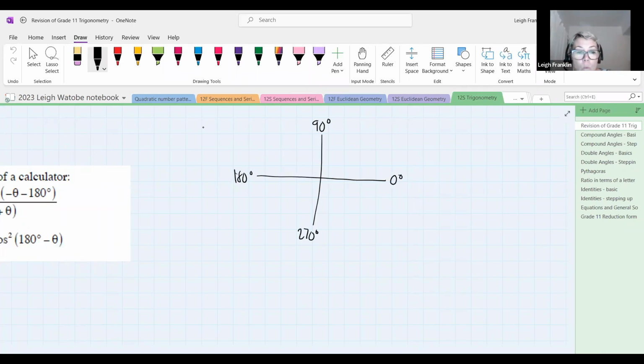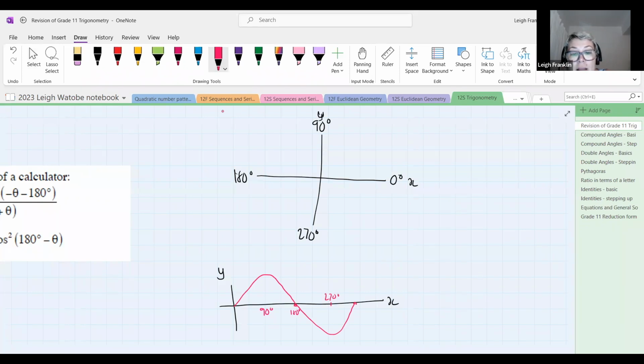When we are looking at a trig function, there's y and there's x. Your trig graph, if you recall from grade 10 and grade 11, does this. Over here, this is equal to 90. Over here, that's 180. Our minimum is at 270. And here we've come back to 360. So 0 degrees is here at the origin, and 90 degrees is over here.